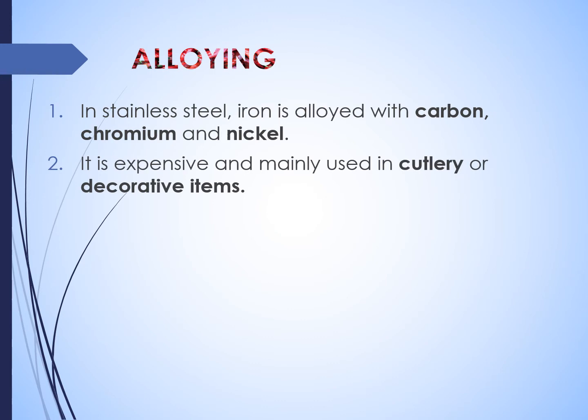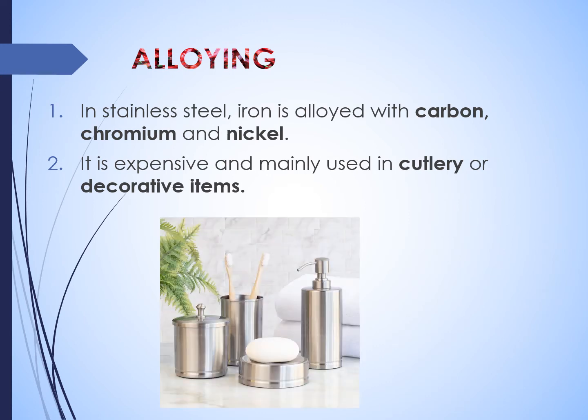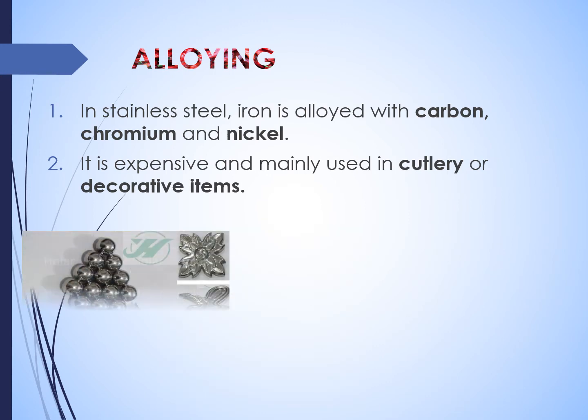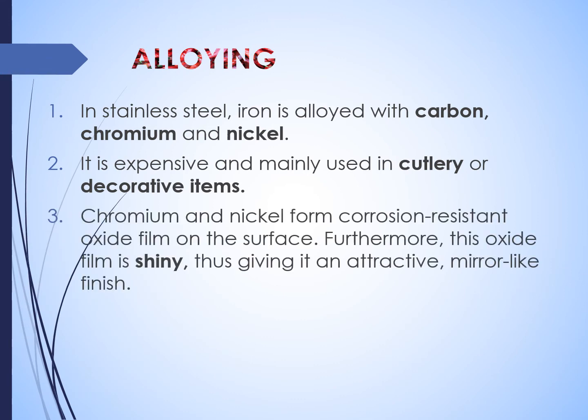It is expensive and mainly used in cutlery or decorative items. Chromium and nickel form corrosion-resistant oxide film on the surface. Furthermore, this oxide film is shiny, thus giving it an attractive mirror-like finish.